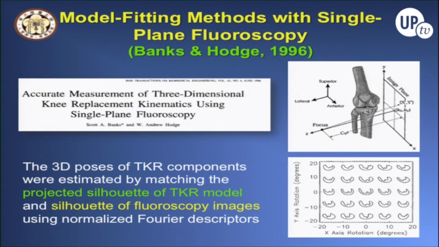He was then able to estimate the motion of the total knee replacement by matching the projected silhouette of the TKR model and the silhouette in the fluoroscopy images. And he used normalized Fourier descriptors.